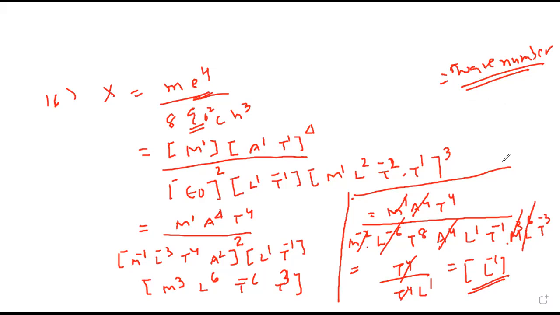Finally we got wave number, because L raised to minus 1 is 1 upon length, which is actually the reciprocal of wavelength. This is called wave number. Wave number's dimension is L raised to minus 1.